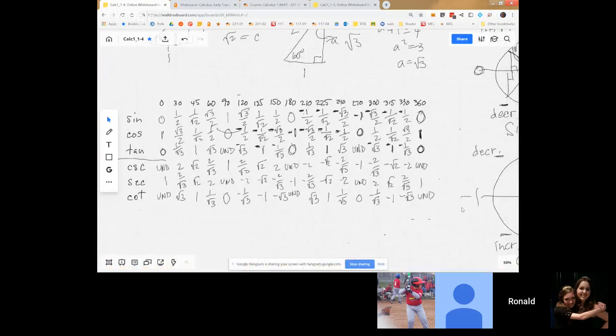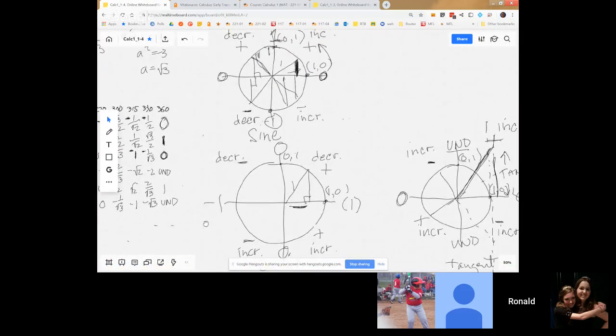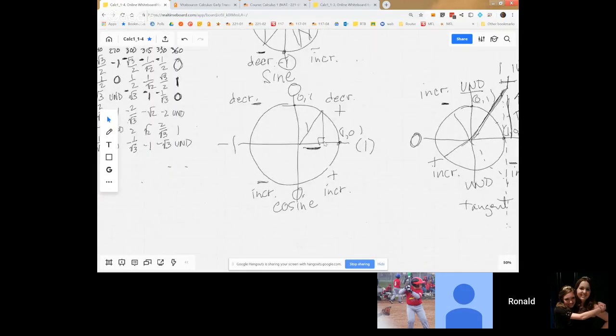You also have to have some knowledge of the behavior charts. By behavior charts, I mean this general layout, that the sine represents the vertical coordinate of a right triangle that's rotating. The cosine represents the horizontal coordinate of a right triangle that's rotating.